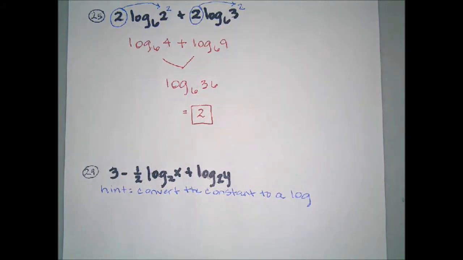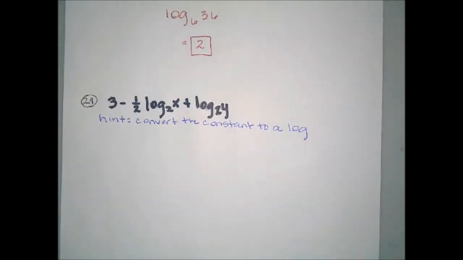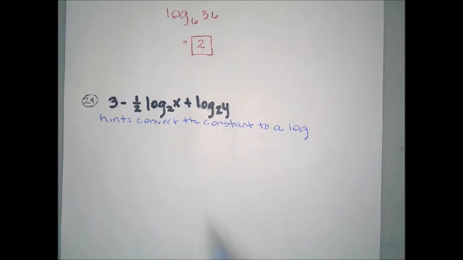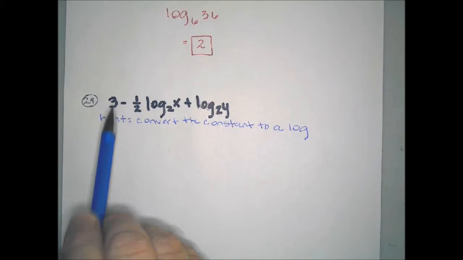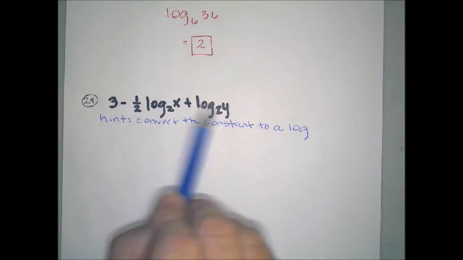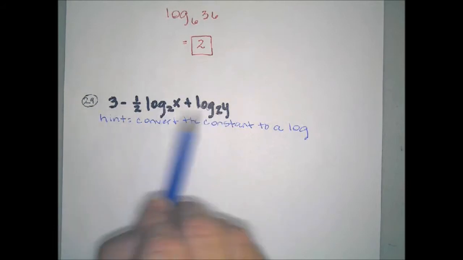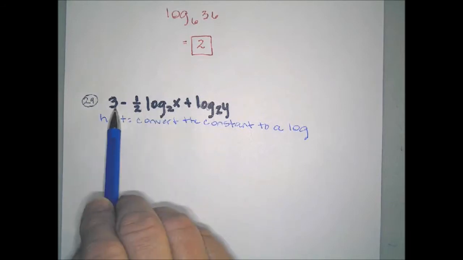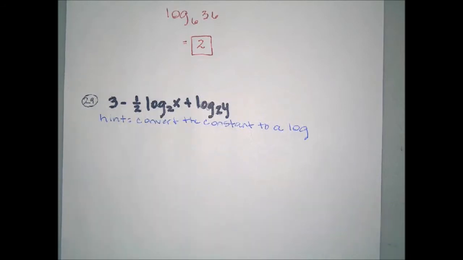Okay, problem number 29. They give you a hint in the instructions for those last 3 problems. They say, turn any constant into a log. So that's what we're going to do. The other 2 terms are written in log base 2, so I'm going to turn 3 into log base 2 also.